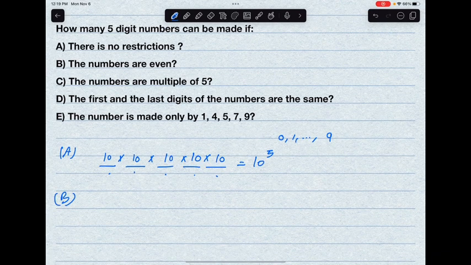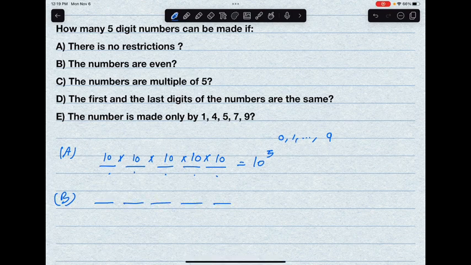Part B says the numbers are even. For even numbers, the right digit must be an even number. It can be 0, 2, 4, 6, or 8, any of these 5 digits. So we have 5 places.